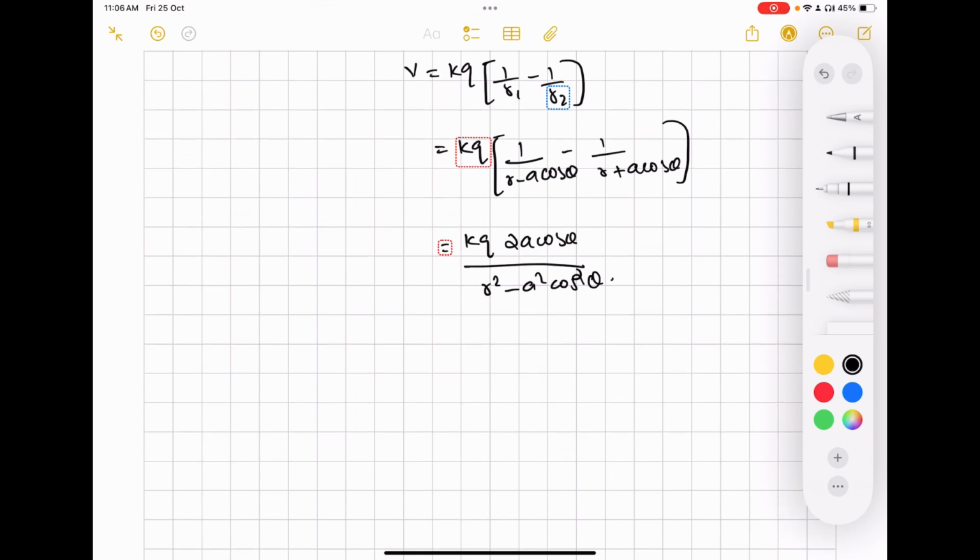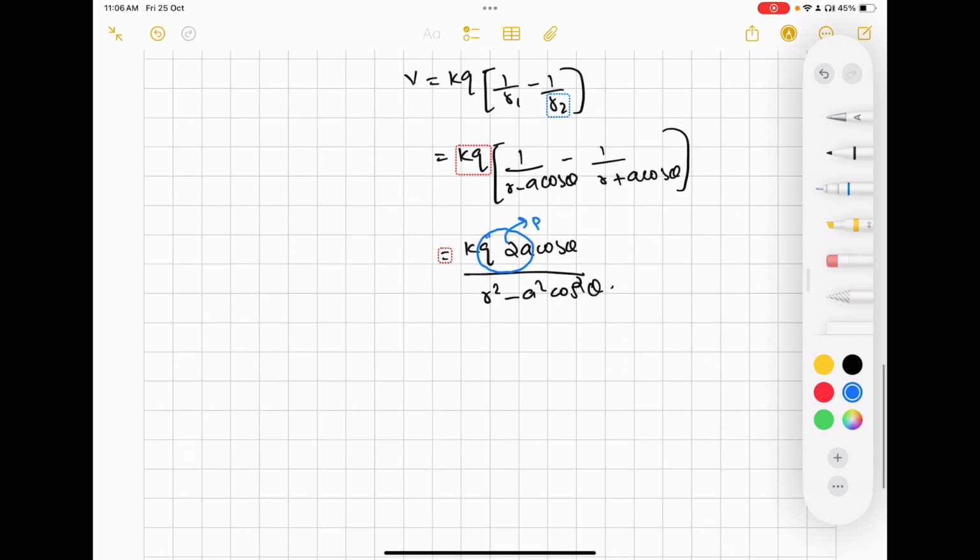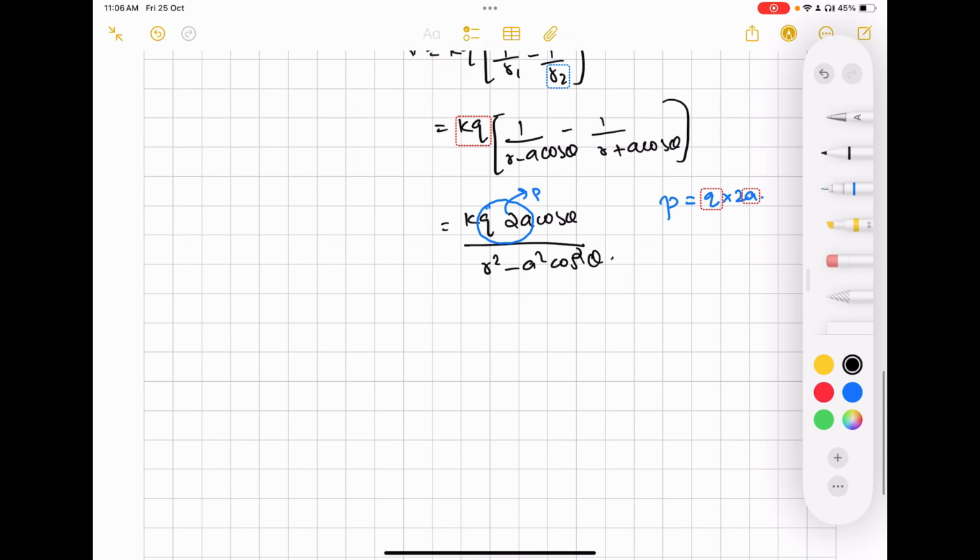Here, Q into 2A is P, that is the dipole moment. P is equal to the strength of one of the charges times the distance between the two charges. So we can replace Q into 2A as P, giving K into P cos theta divided by R square minus A square cos square theta.